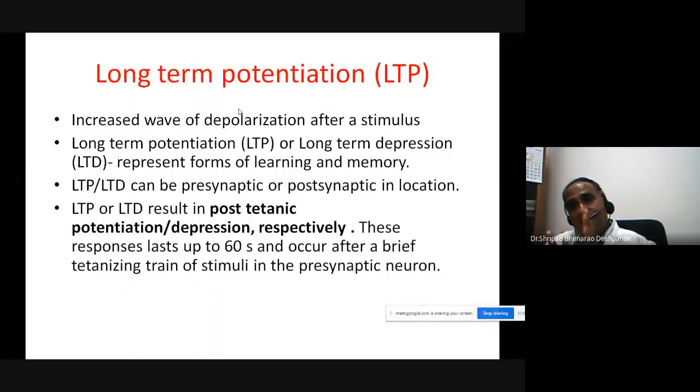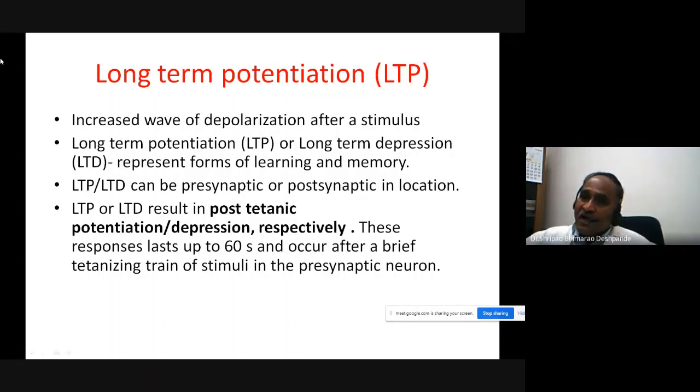That indicates learning and memory. If the depression of the inhibitory neurons may help to learn certain components, an increase in the depolarization of the excitatory neurons may help to learn certain things. So there is a balance of long-term potentiation and long-term depression.